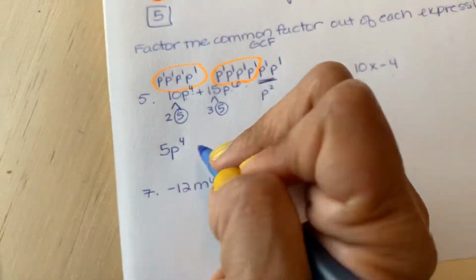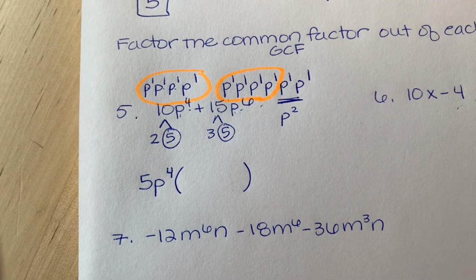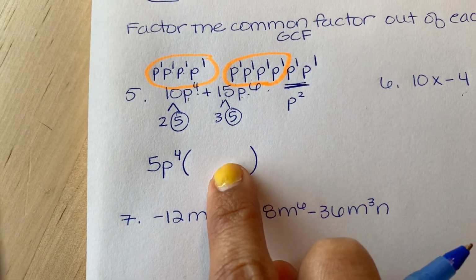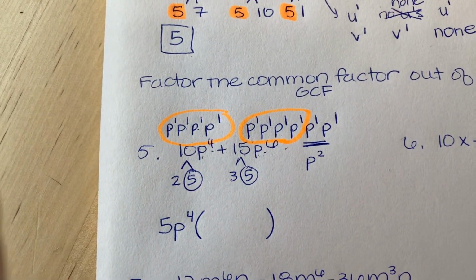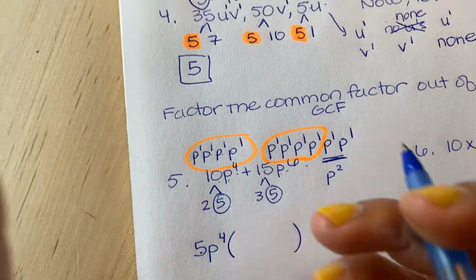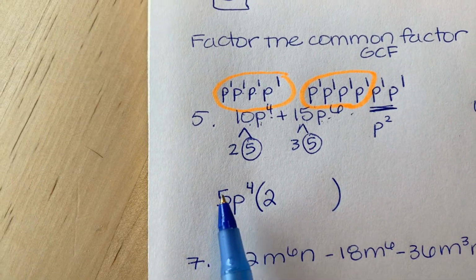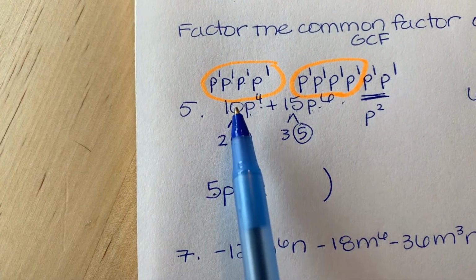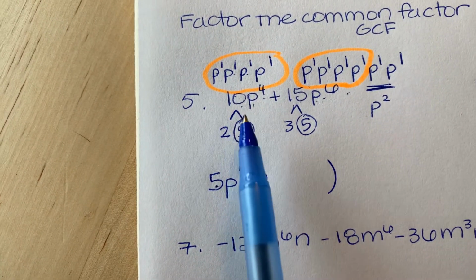Okay, so now we're going to go ahead and do our grouping symbol, or parentheses. And now you have to tell me what is left over from these 2 terms, this binomial, right? So if I pull out a 5 from this 10, well, what is 10 divided by 5? 2. And now look at our factors. 5 times 2 gives me the product 10, right? 5 times 2, 10 product, correct.